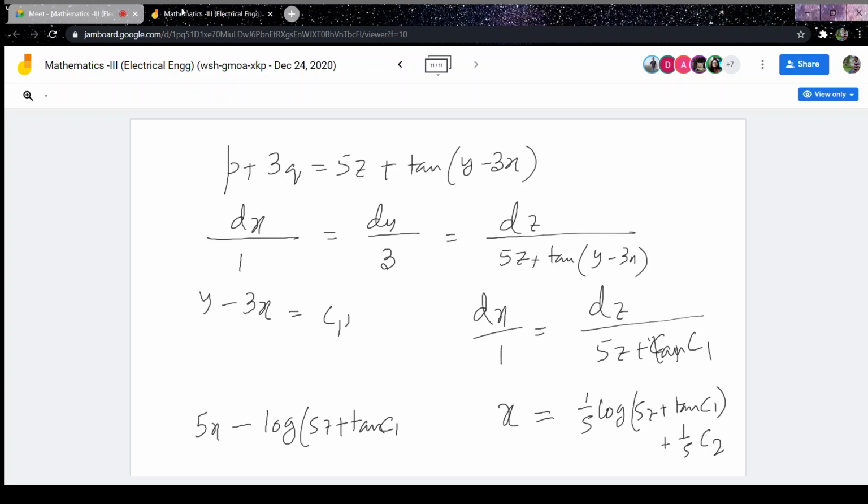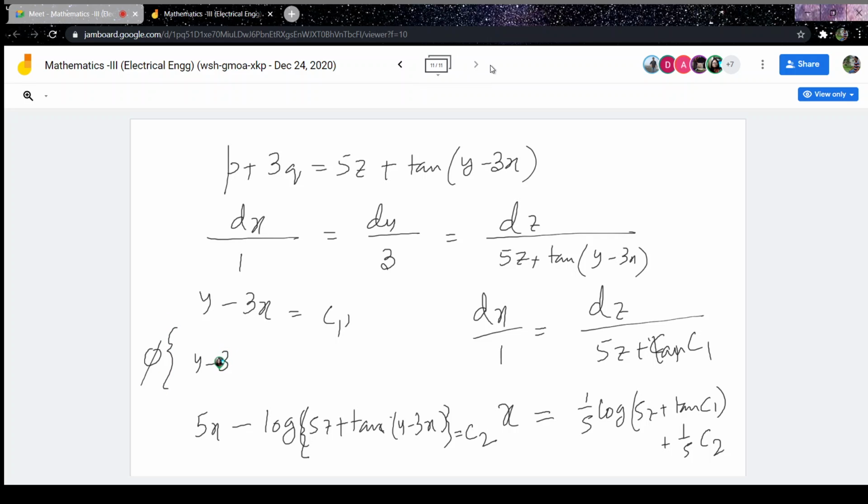So I will put here tan y minus 3x is equal to c2. So your solution will be given by phi u, v.